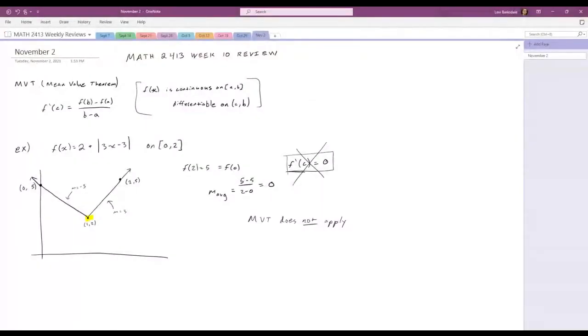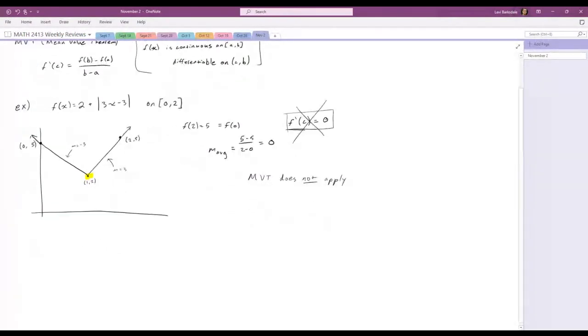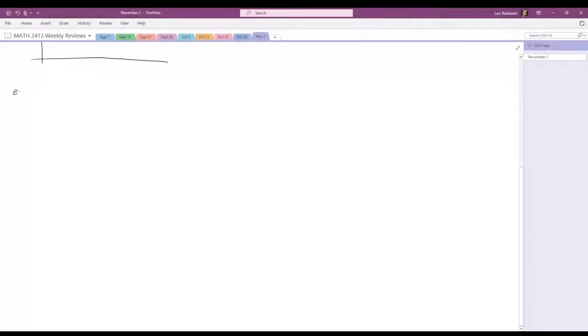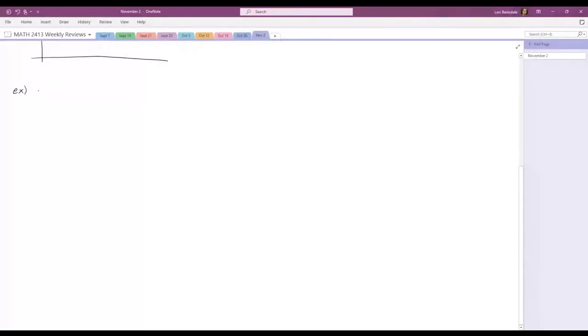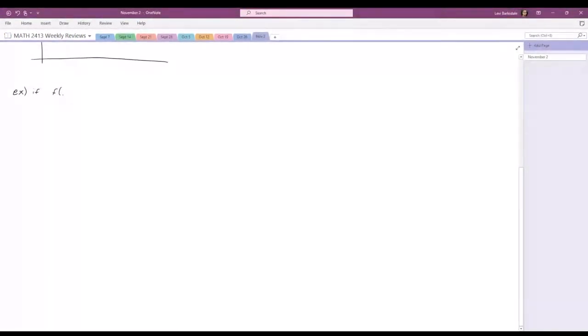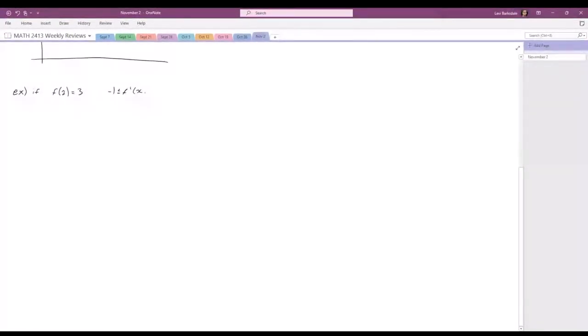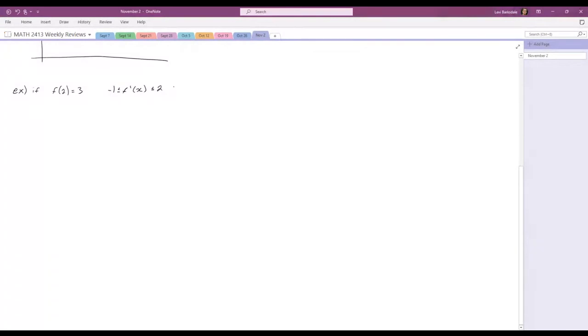Perfect. All right. Now let's go ahead and do a different example. This one is a bit more like the problems I think you guys have been seeing on your homework. Let's say that you have a function and f of 2 is equal to 3, and you also know that negative 1 is smaller than f prime of x is smaller than 2 for all x values.